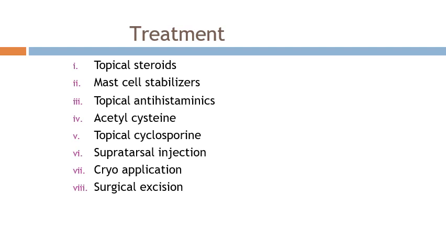In very severe cases, if an ulcer is formed, you can go for glue with bandage contact lens, or amniotic membrane transplantation, or conjunctival covering in that area, followed by contact lens use. So this is the mode of treatment in case of vernal keratoconjunctivitis.